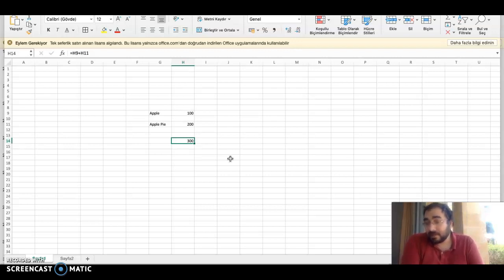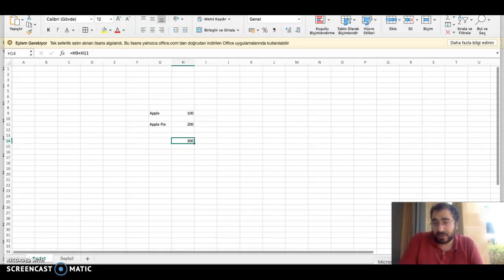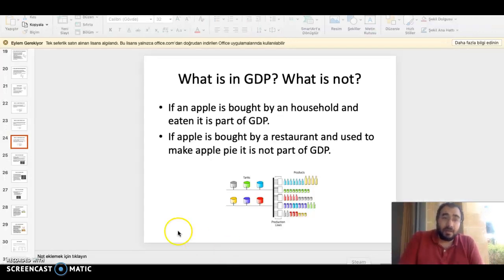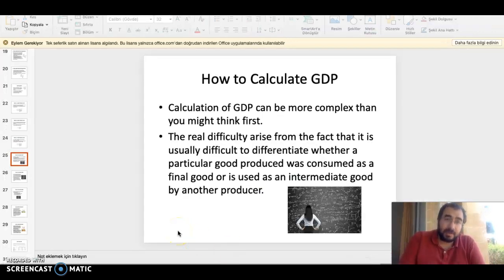Rather, we calculate the value they add to the product, and what that means I will explain in a minute. But basically, when we think about the output that is inside of the GDP, that output is technically only the final output, not intermediate outputs.